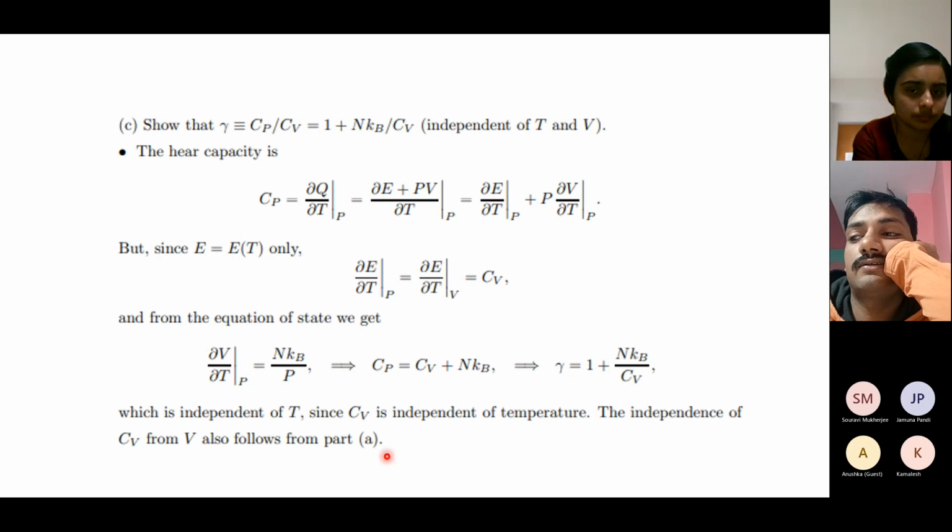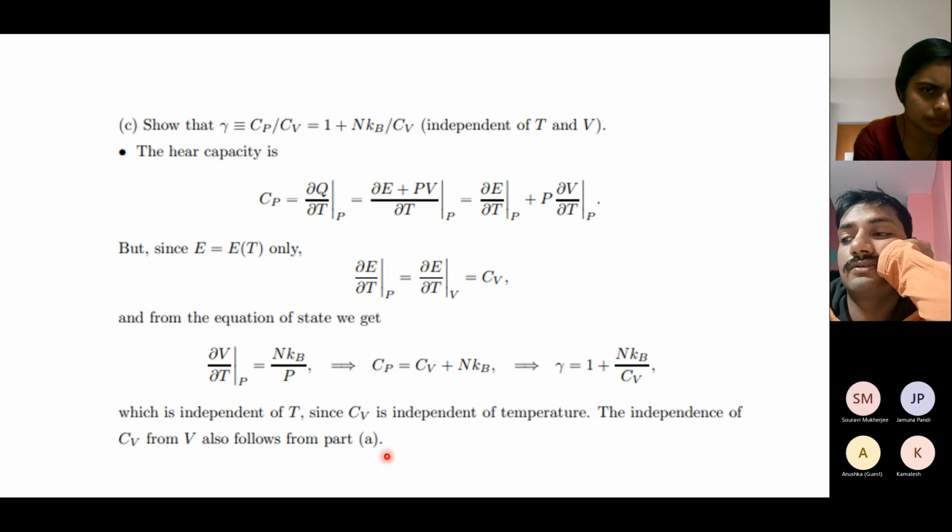For isothermal compressibility, use the relation of Cv from isothermal compressibility. So what do you get from isothermal compressibility? What is your answer? Tell me the complete answer.